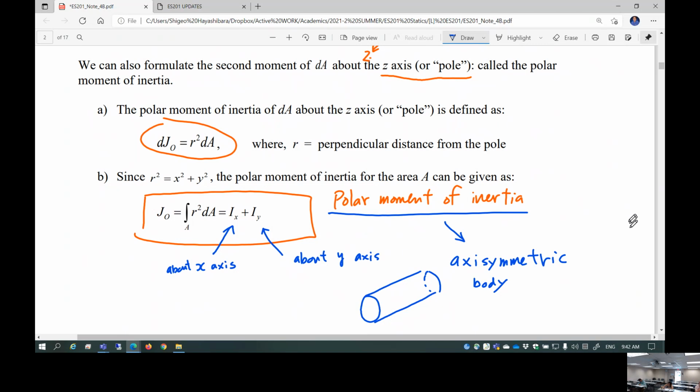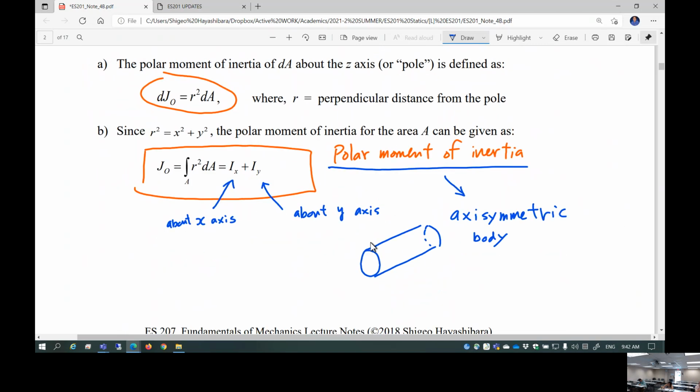Then you're going to actually twist it, applying torque. Is this shaft strong enough against that twist? Well, obviously the cross-section is an issue. So is this a big enough cross-section to take that twisting torque within the limit of internal shear stress developed? What you need to look at, of course, is polar moment of inertia. That is a cross-section property of this kind of body.